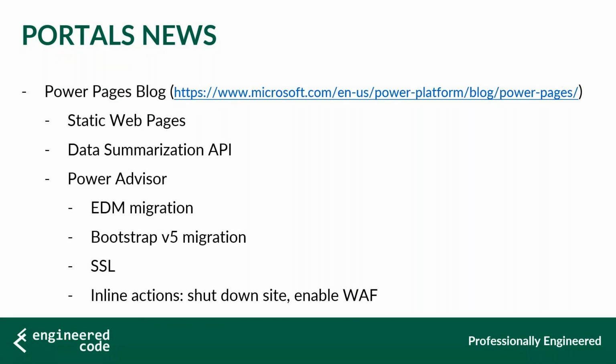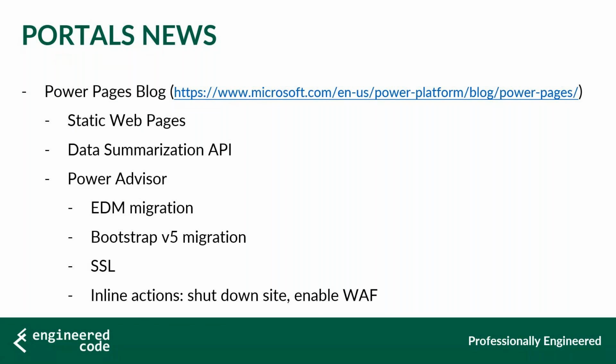Another one here is the data summarization API. We've talked in the past about some of the summarization features, having Power Pages summarize what's showing up in the list or in search. With this API, you can now programmatically invoke the Power Pages web API and say, I want to summarize, and give it what you want it to summarize.